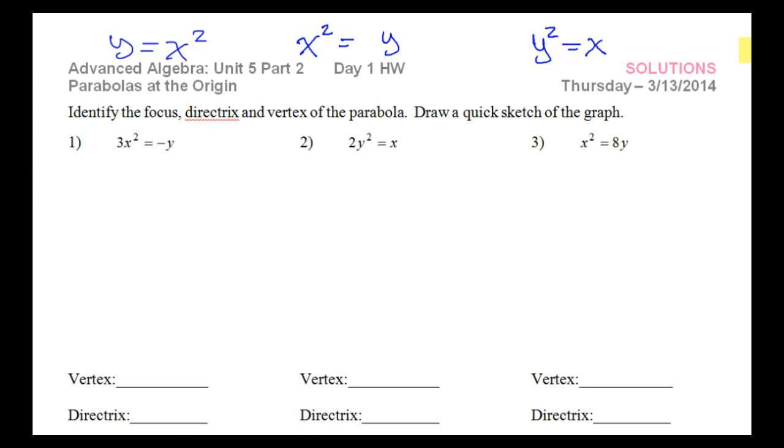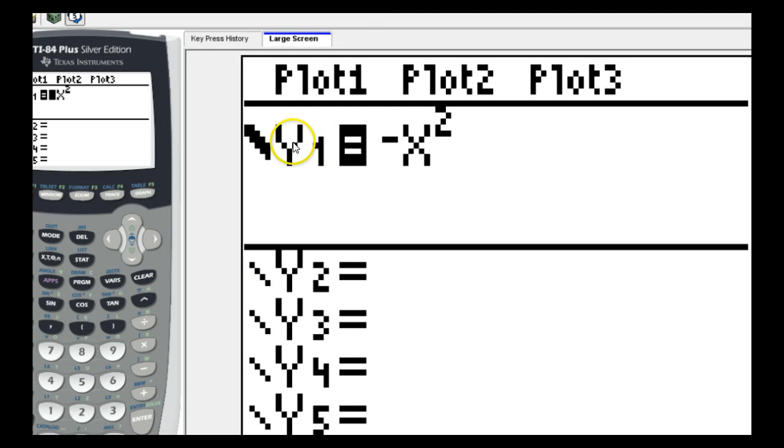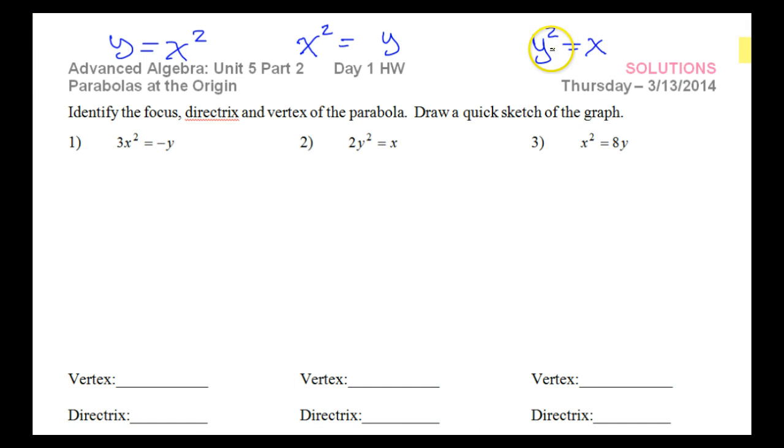If you go to enter an equation, it already has y equals, so you could put in x squared. But if you saw y squared, how would you put this in? If you see something weird like this, that means it's sideways. It's either leftward facing or rightward facing.